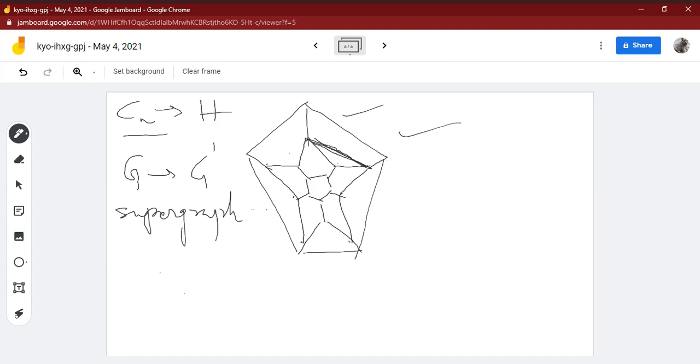So by adding new edges between vertices of G, G dash will also be Hamiltonian. If G is Hamiltonian, then its supergraph G dash is also Hamiltonian, because any Hamiltonian cycle in G will also be a Hamiltonian cycle in G dash.